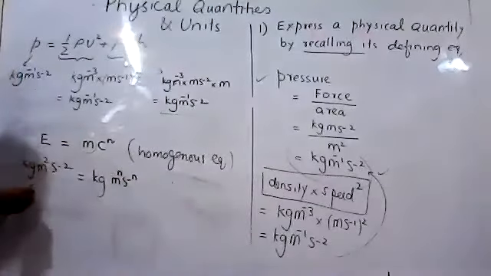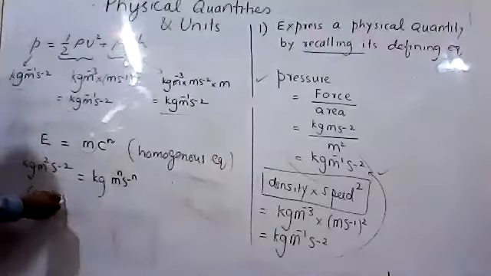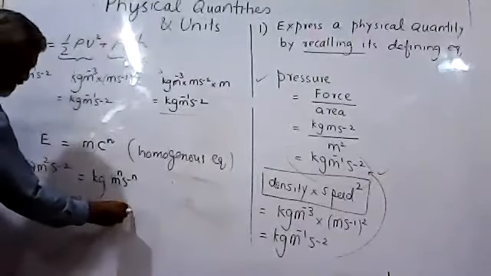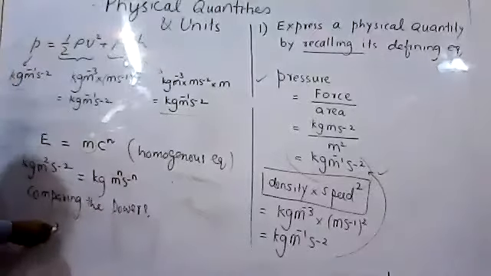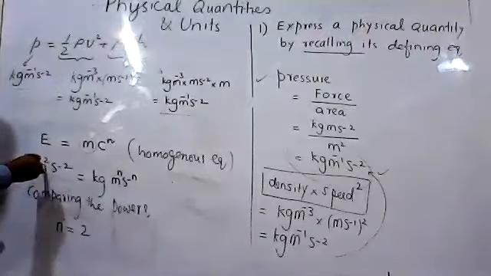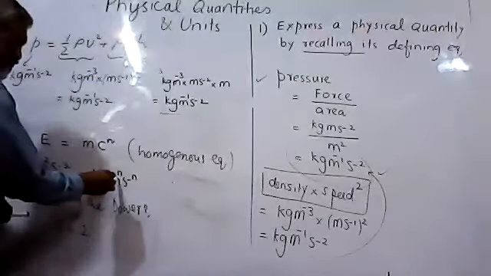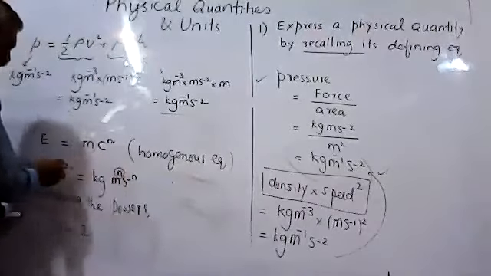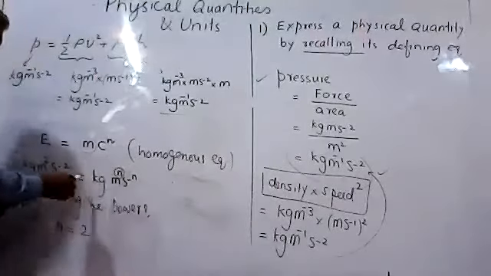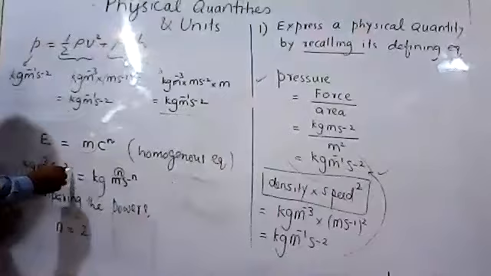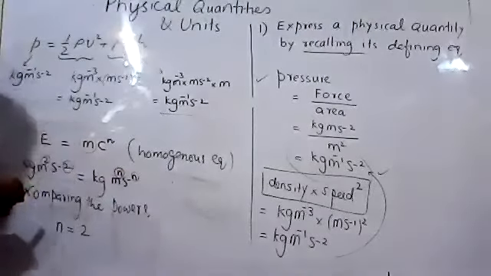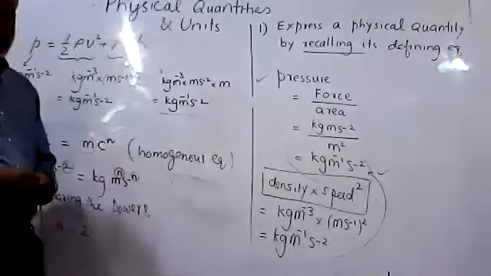So comparing the powers on the two sides, we can easily see that n must be equal to 2 because m is raised to 2 here and m is raised to power n here. n must be 2 if this equation is to be homogeneous. Similarly, s is raised to power minus 2 and s is raised to power minus n. Again, n is equal to 2 if this equation is to be homogeneous.